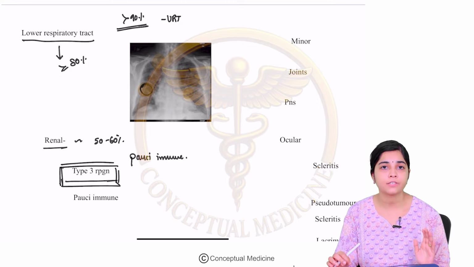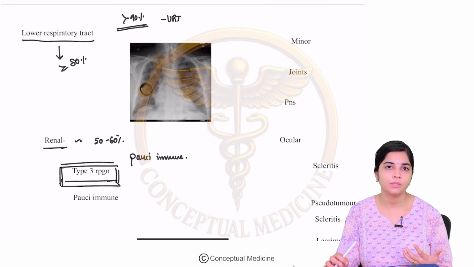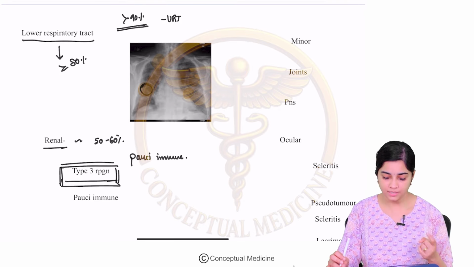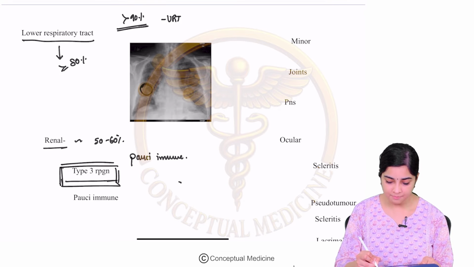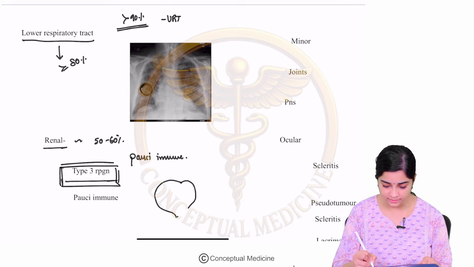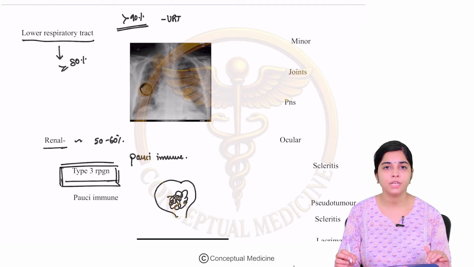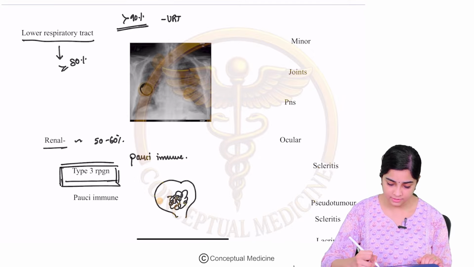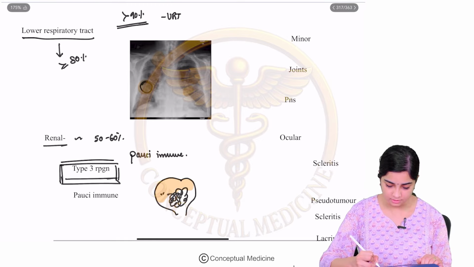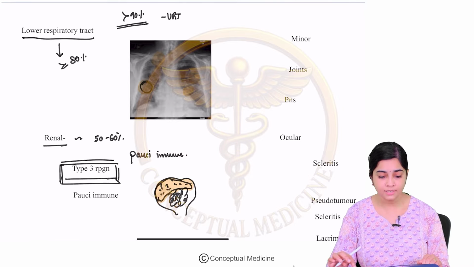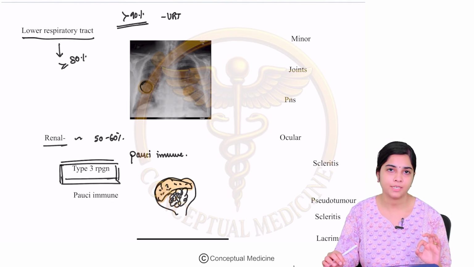So ANCA-associated vasculitis results in a pauci-immune glomerulonephritis where there is no evidence of immune complex deposition in the biopsy, but you find evidence of a rapidly progressive glomerulonephritis characterized by hematuria, proteinuria, and the characteristic histopathological evidence of crescent formation. Crescentic glomerulonephritis. Right? So this is about your renal manifestations.